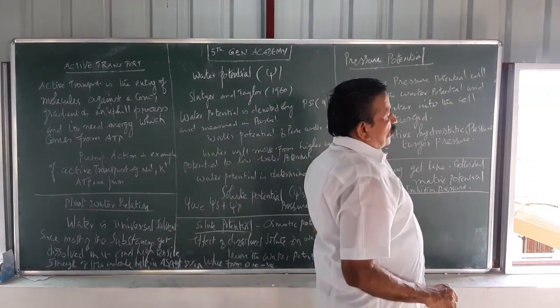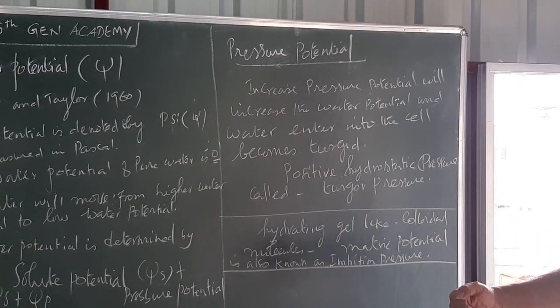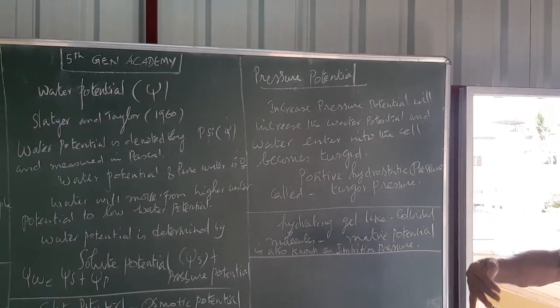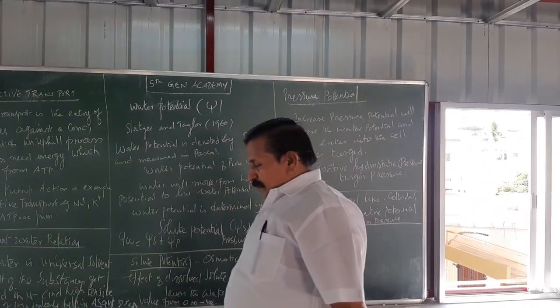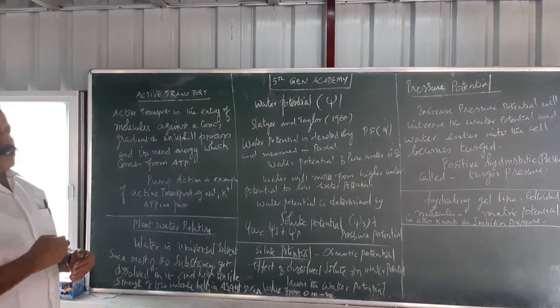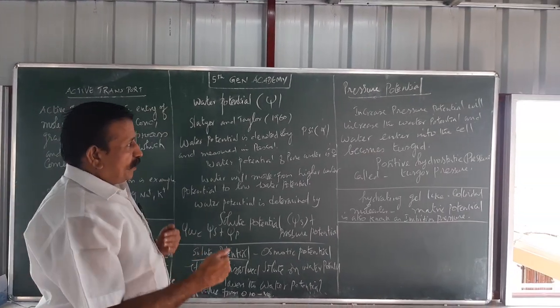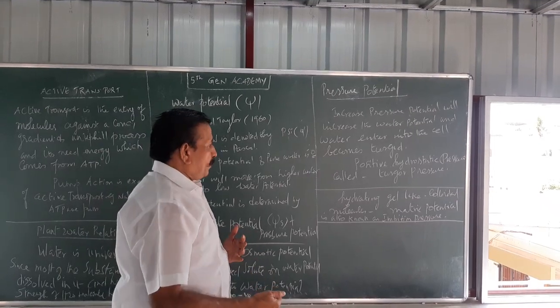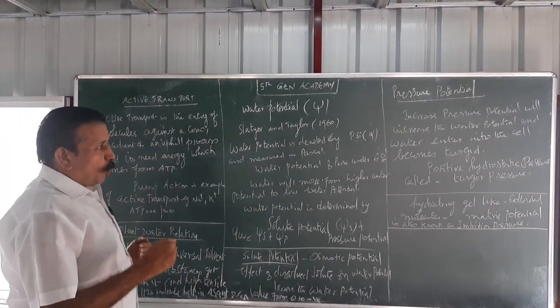Hence, water potential is determined by solute potential plus pressure potential. What is the meaning of pressure potential? Increased pressure potential will increase the water potential, and water enters the cell and it becomes turgid. So the water can move from one cell to another, or one tissue to another tissue. How is it possible? The pressure potential plays a major role.